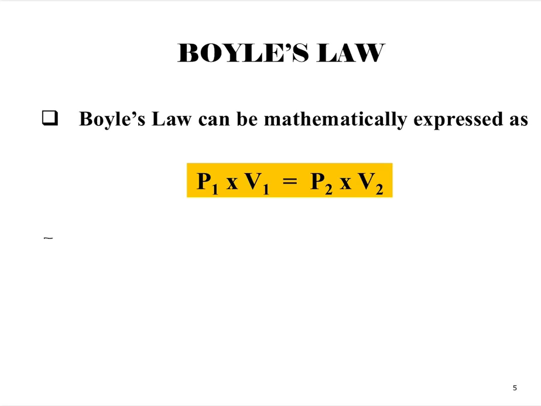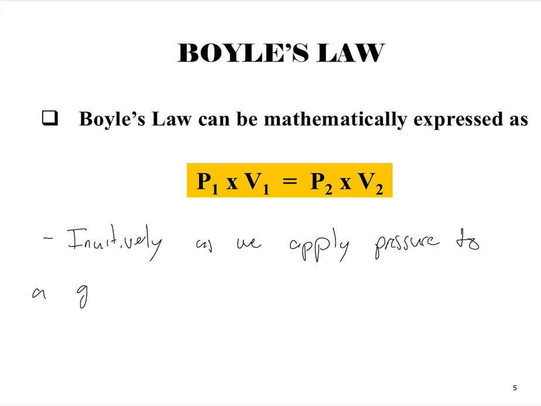So intuitively, the way we think of this relationship is, as we apply pressure to a gas, the volume goes down. And this means that if we increase the pressure and the volume goes down, how do we say those two are related?